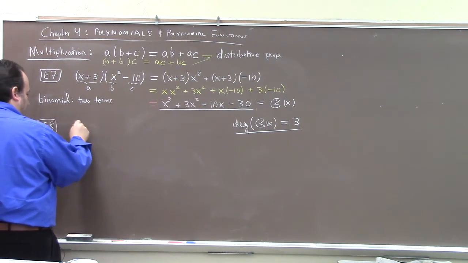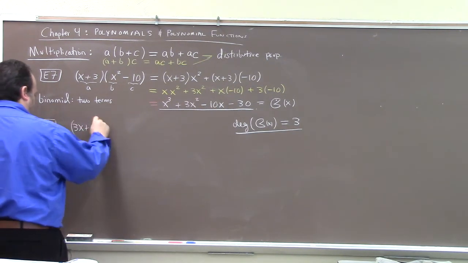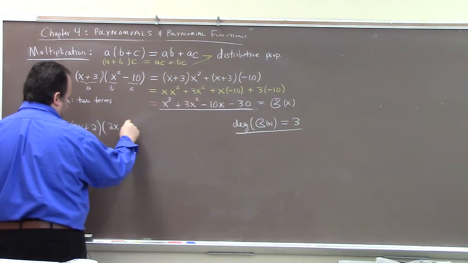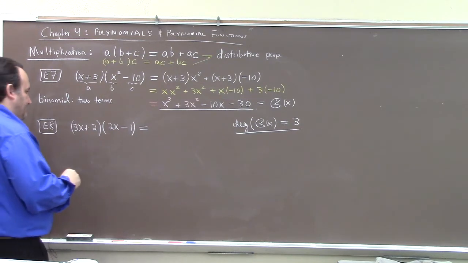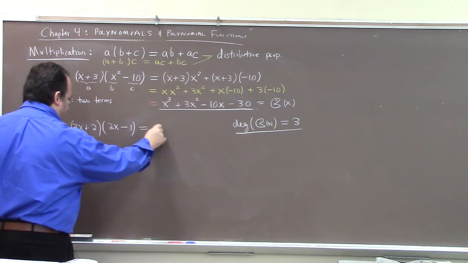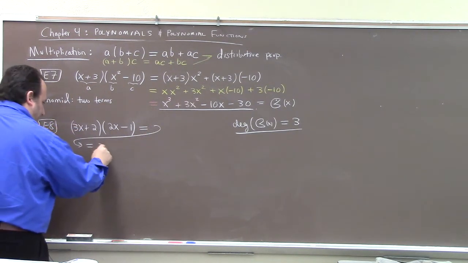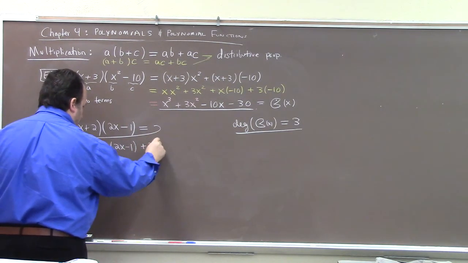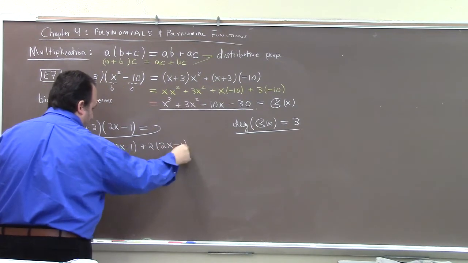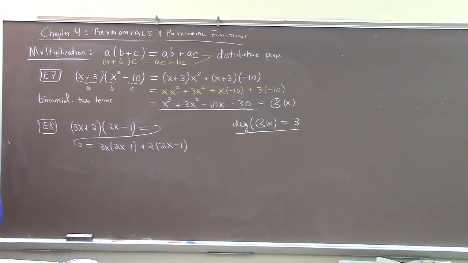Example 8. Suppose we have 3x plus 2 times 2x minus 1. The way I would think about that is it's 3x times 2x minus 1 plus 2 times 2x minus 1. That's the distributive property.